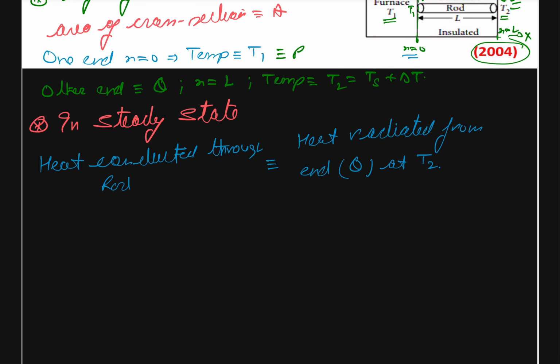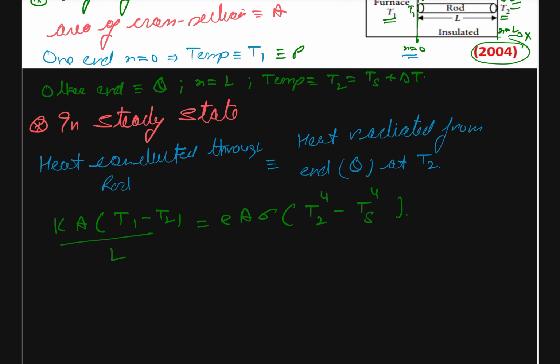So we can write the respective formula. The heat conducted through a rod can be represented as K times A, the difference in temperature divided by length L, and that will be equal to the radiated heat, which is emissivity E times A and Boltzmann constant sigma, times T2 raised to power 4 minus the surrounding Ts raised to power 4.